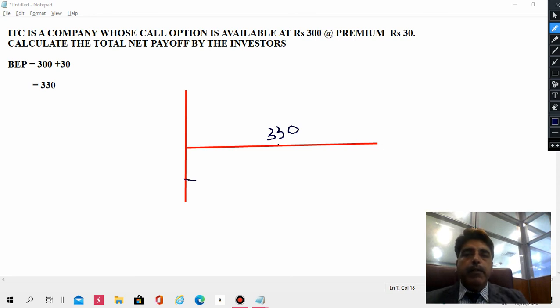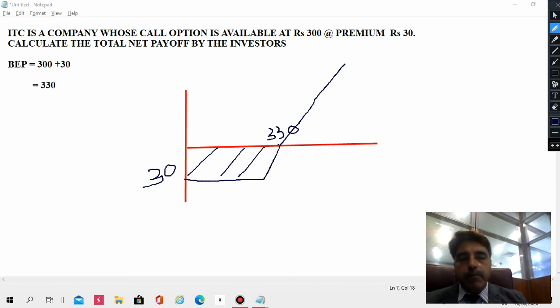Premium amount is this much fixed, and what they are going to earn here, this earning point gets started. What is this shaded region meant for? I have mentioned here, which is this much amount, the premium amount, because that is fixed. Whether they earn profits or losses, this much amount is fixed. That is known as the premium amount.